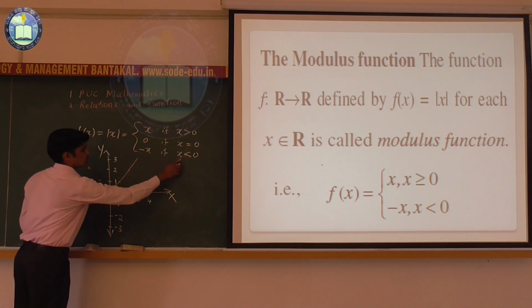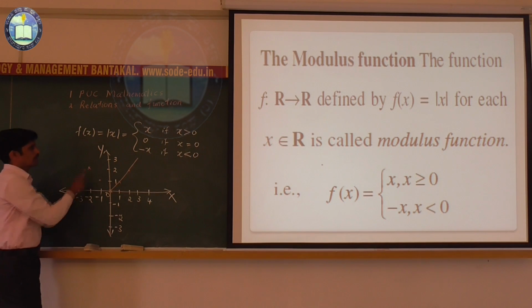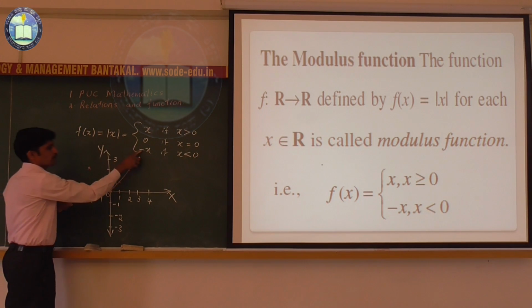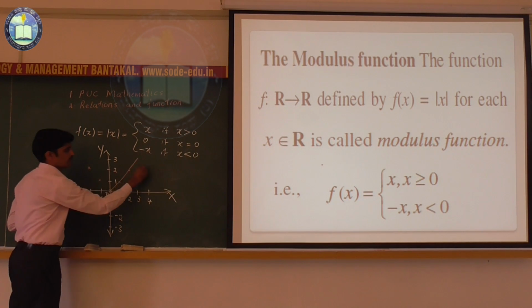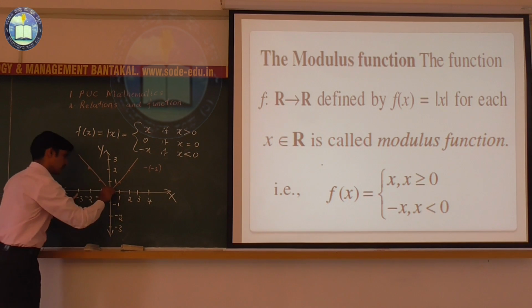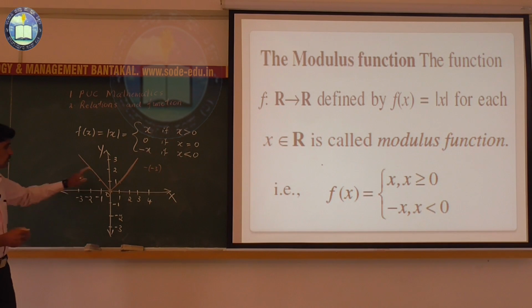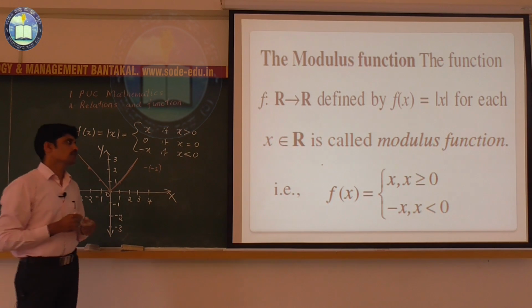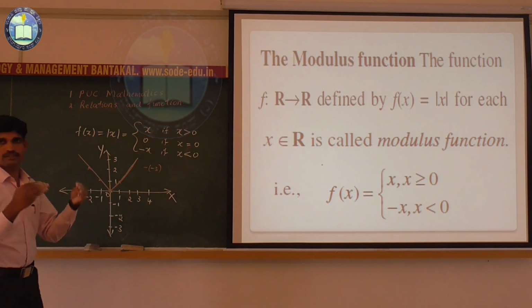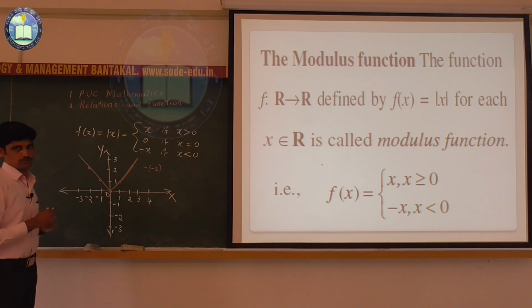When x is equal to say minus 3, x is less than 0, then modulus of minus 3 is minus of x, that is minus of minus 3, that is 3, and so on. So if we join all these points, we get the graph of f of x equal to mod x. This is a very important function that plays a very important role even in our second PUC also. So this is an important function to be understood.